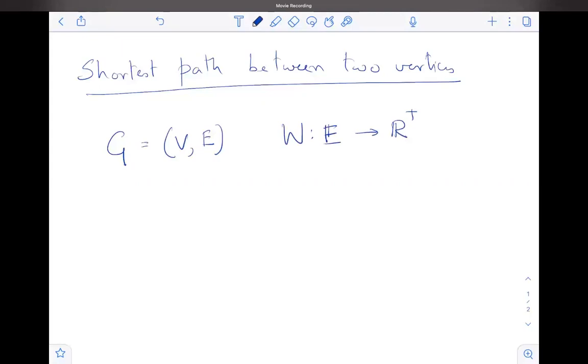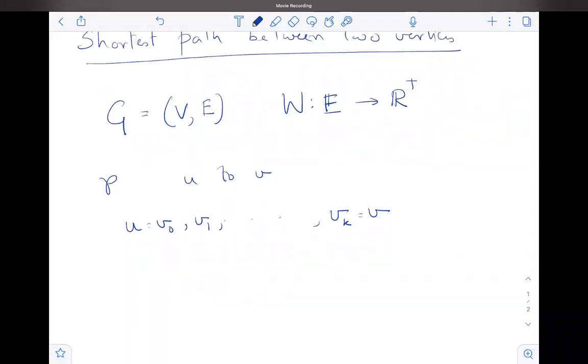If I take a path from U to V, meaning U equals V0, then V1, up to Vk, which is V, then this is a path, which means (Vi, Vi+1) is an edge. The weight of the path is the sum of the edge weights (Vi, Vi+1), where i equals 0 to k minus 1.